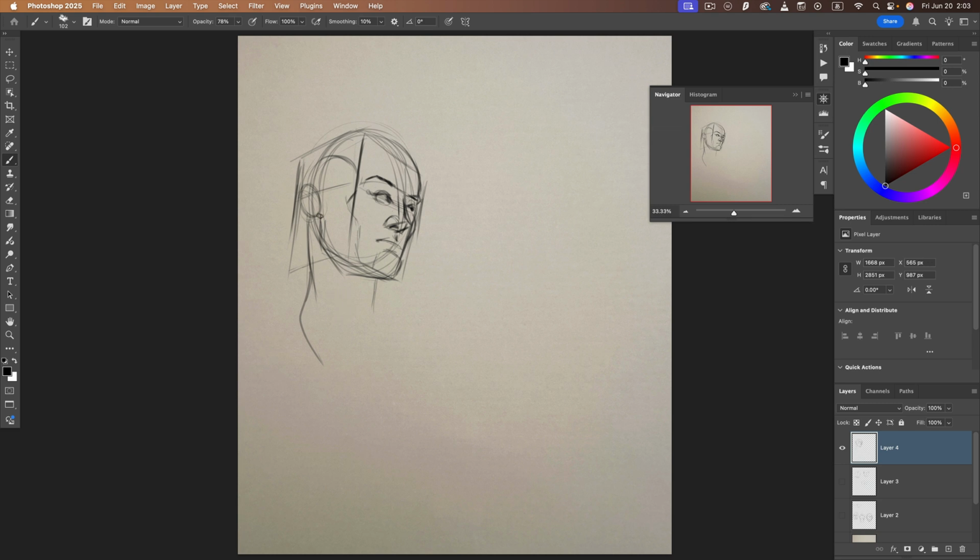Okay. So since this is the bottom of his chin, we can put some of this into shadow, because we're not going to see that. Sorry, light is not going to reach underneath there. Okay.